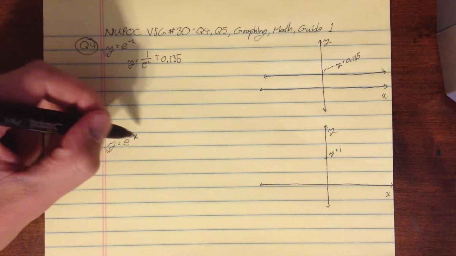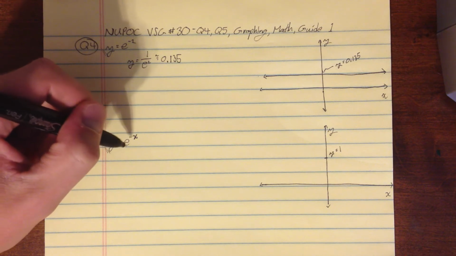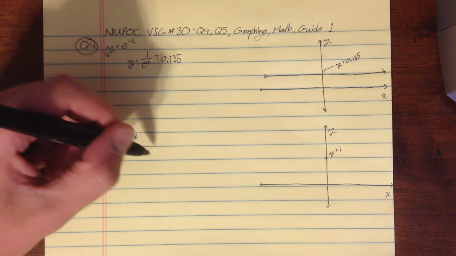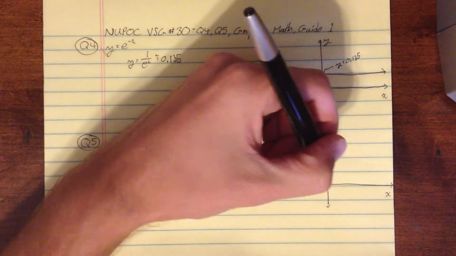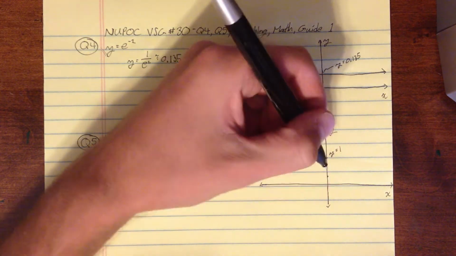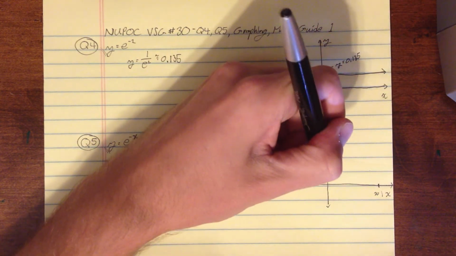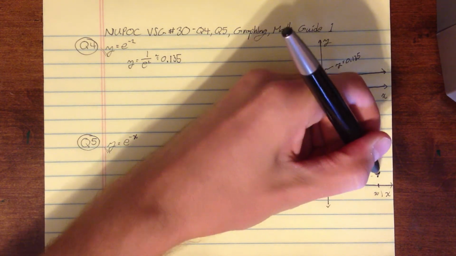And of course the other interesting points are at x equals 1. This will just be 1 over e to the first, so that'll just be 1 over e, which is about 0.36. It's somewhere down here, right? So let's say this is x equals 1 out here, and it's about 0.36 right there.